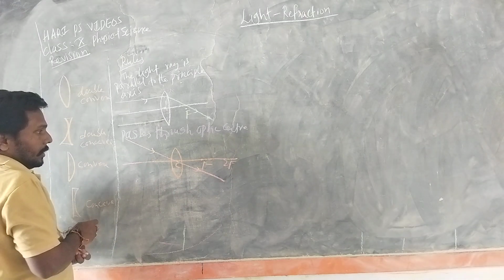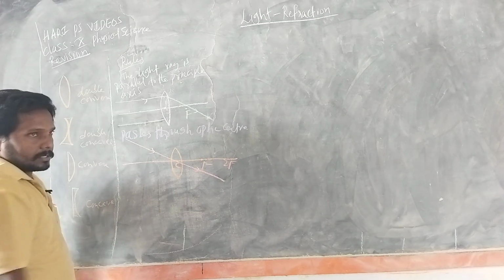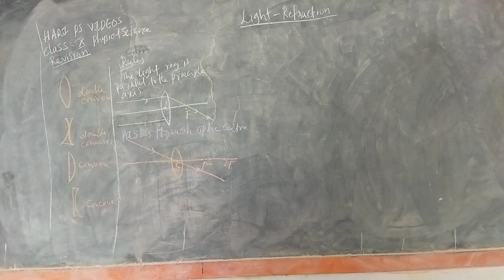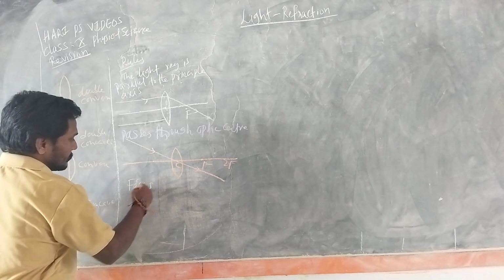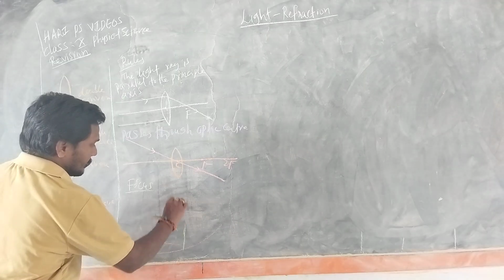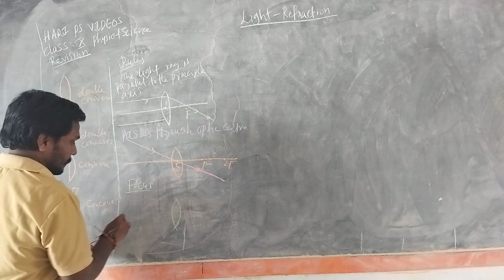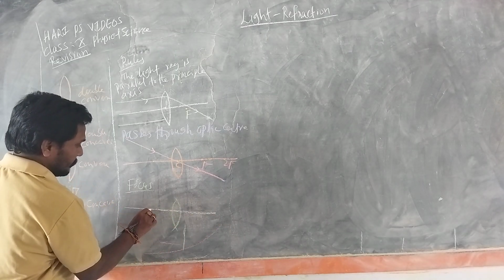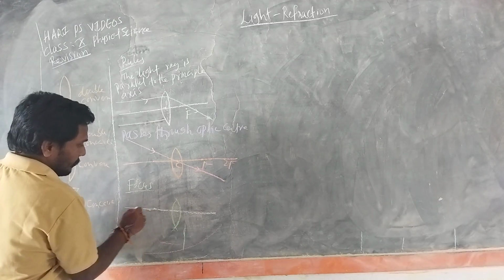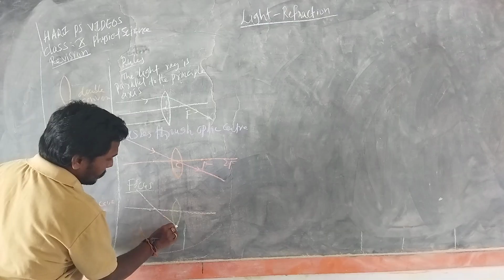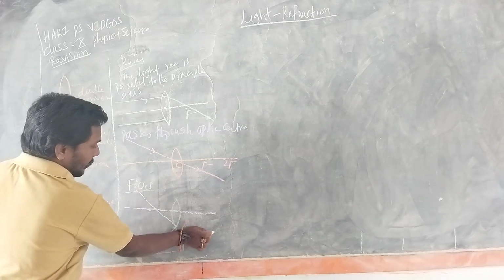Then the other rule: if the light passes through the focus on one side, take the lens and principal axis. If the light passes through the focus and is incident on the lens, what will happen?